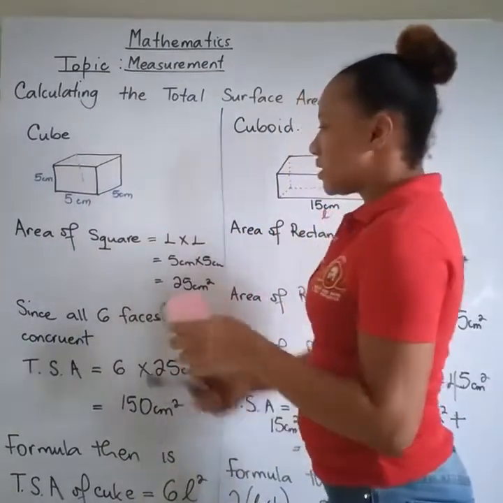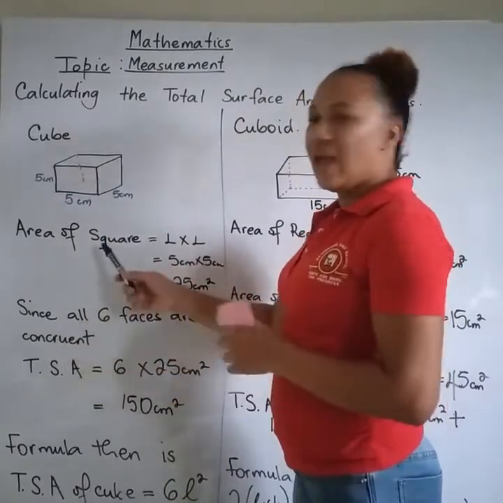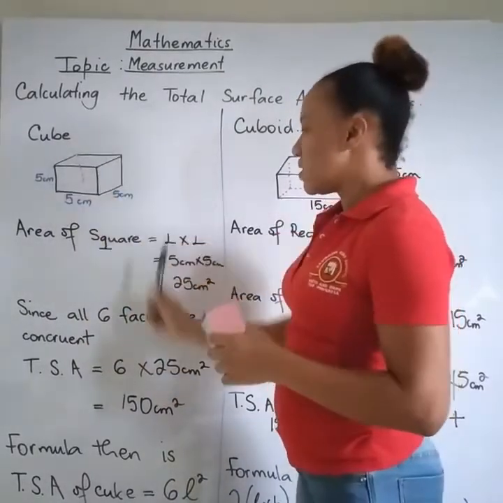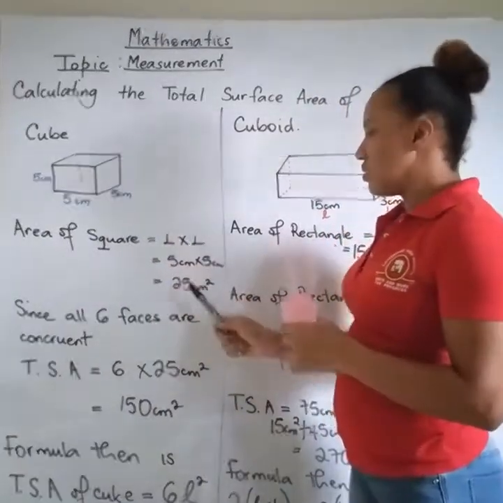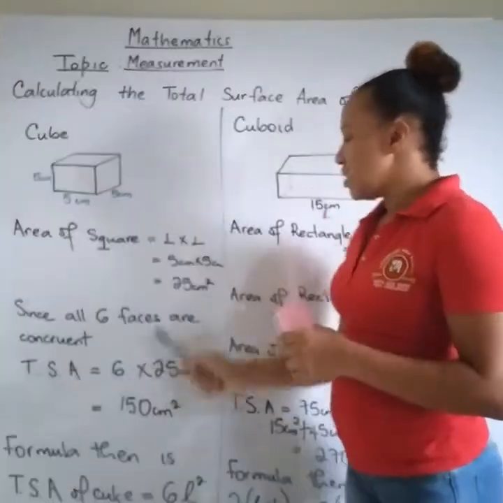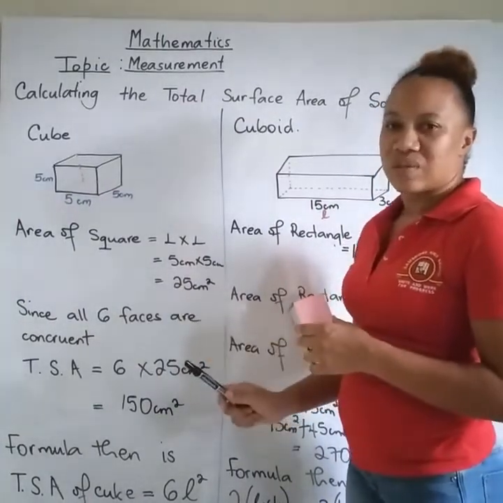So in calculating the total surface area of this cube, I would first calculate the area of this face, which is a square. The area of a square is length times length, which is 5 centimeters by 5 centimeters, which is going to give us 25 centimeters squared.